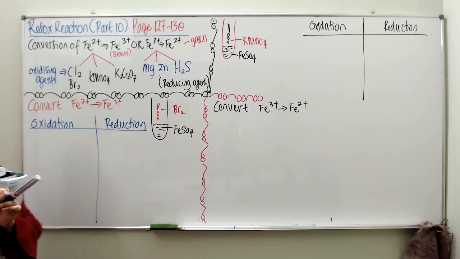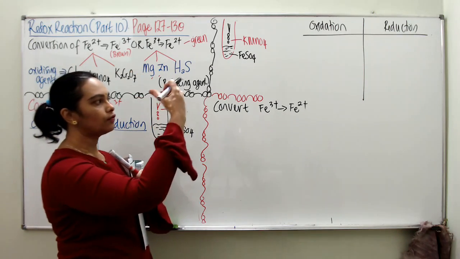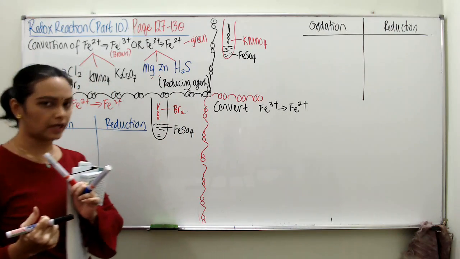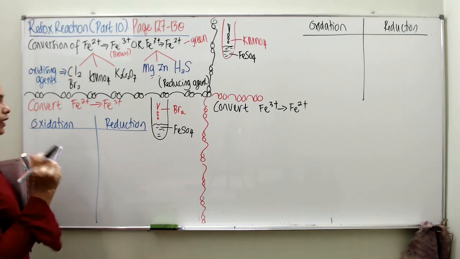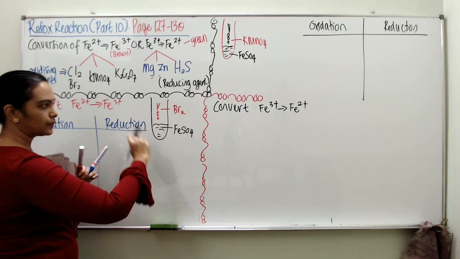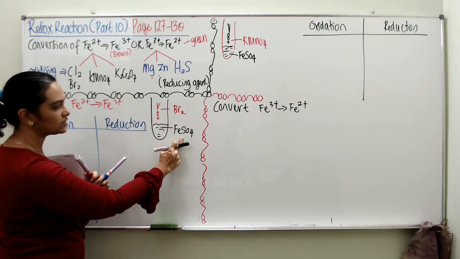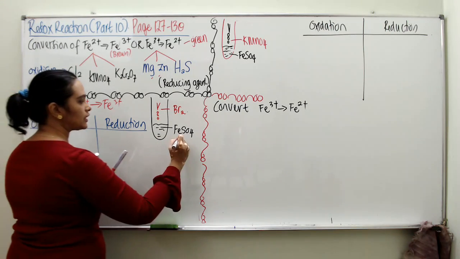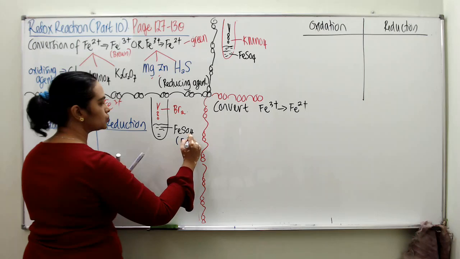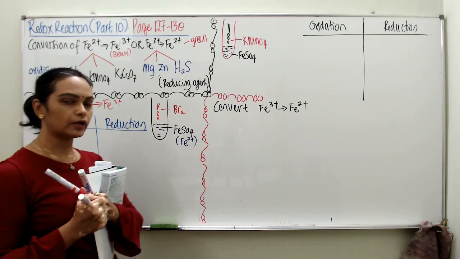Now we are going to look at a few examples of conversion of iron 2 ion to iron 3 ion. The first example is iron 2 sulfate. I hope you can read this. This is iron 2 sulfate, which literally involves iron 2 ion, and that is one clue. Why?